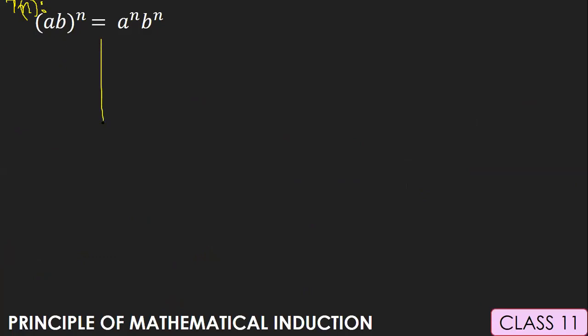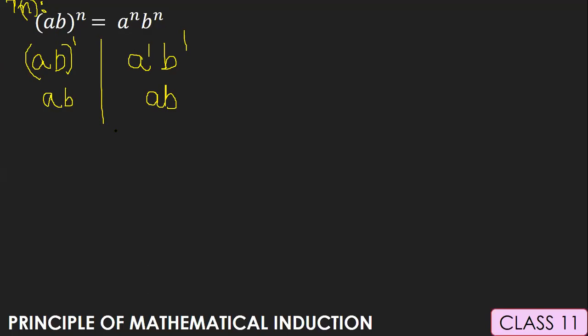For n is equal to 1, this would be (ab) raised to power 1, so that would be ab only. Here it is a raised to power 1, b raised to power 1, so that would also be ab. So LHS and RHS are equal. That means it is true for n is equal to 1.